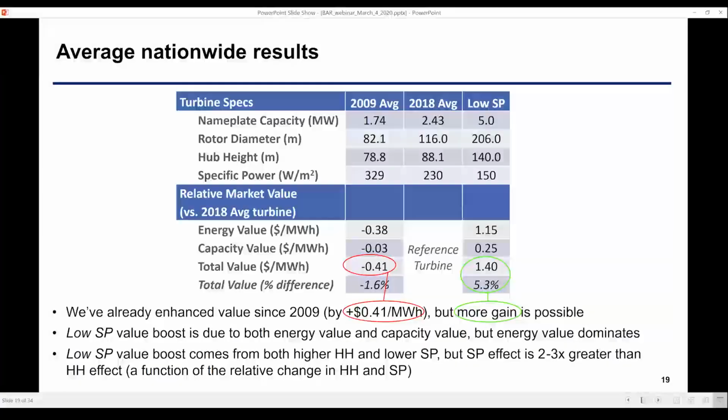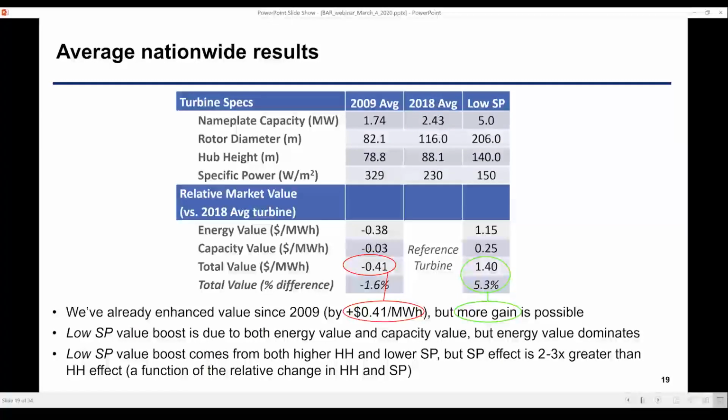Okay, next slide, Mark. Okay, so to jump into the results here, on the top half of this table, we have the different turbine configurations. And then on the bottom, we have the effect on value. And so we compare the 2009 average to 2018 average and the low SP turbine to the 2018 average.